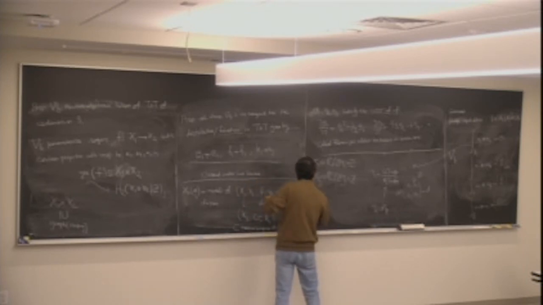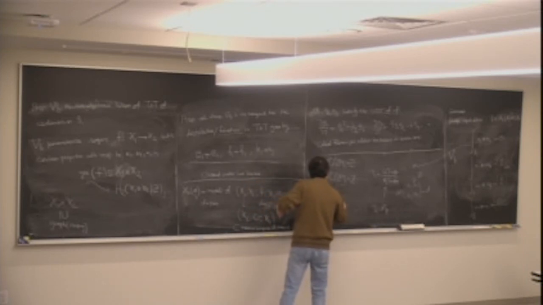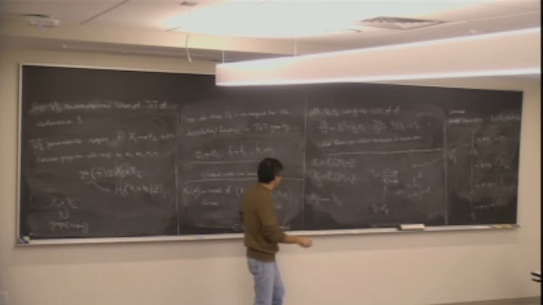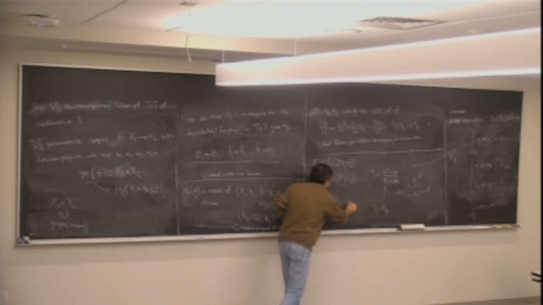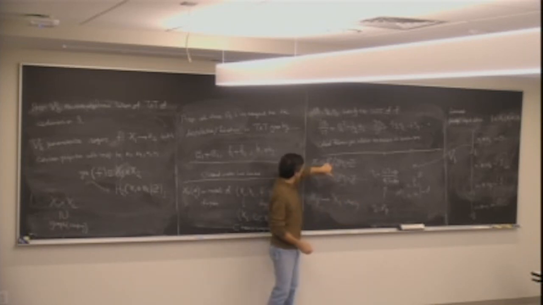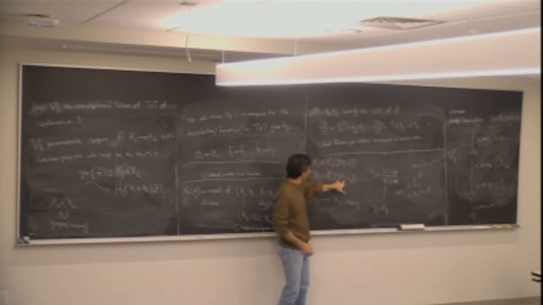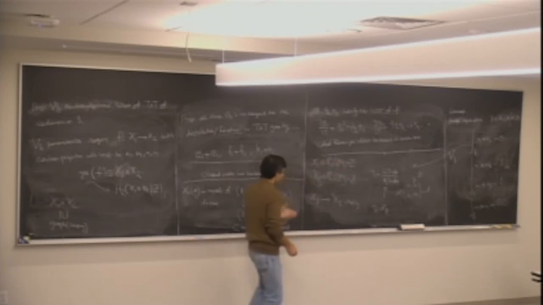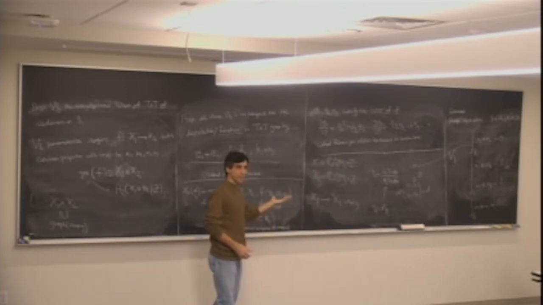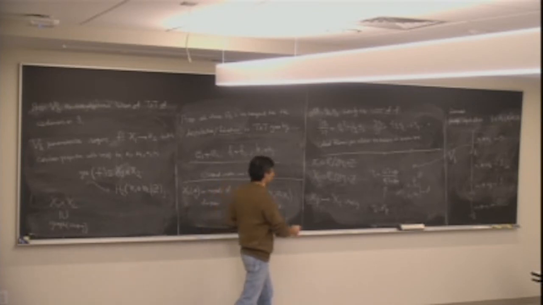So this means that I have a map from X2 to X1. This is induced by the identity, identity from here to here. It will give me the map because tau2 is d tau1. This means that when you go there, it's also there. And this is the isogeny in the complex context.